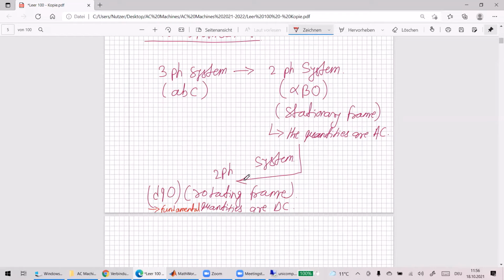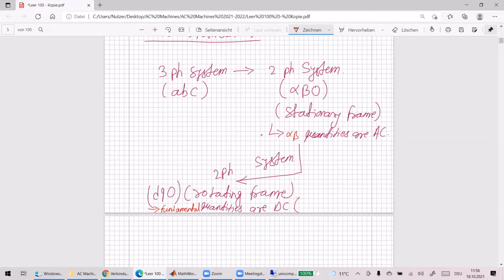Here alpha beta quantities are AC, and in the DQ frame, we have the fundamental quantities DC.